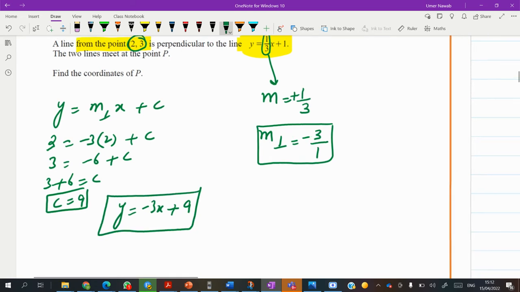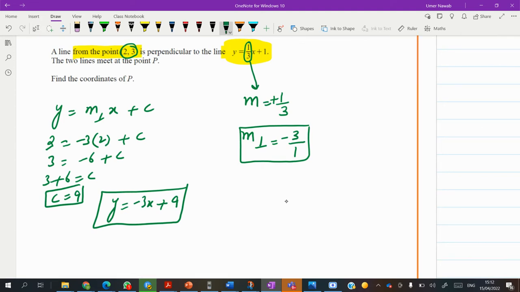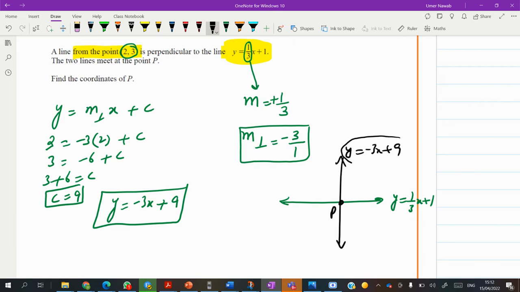He said that both lines, the first line was this, whose equation was y is equal to 1 over 3x plus 1, and you found the perpendicular line, whose equation is y is equal to minus 3x plus 9. He said they are intersecting at point P. Basically, he's asking you to solve these two equations simultaneously.